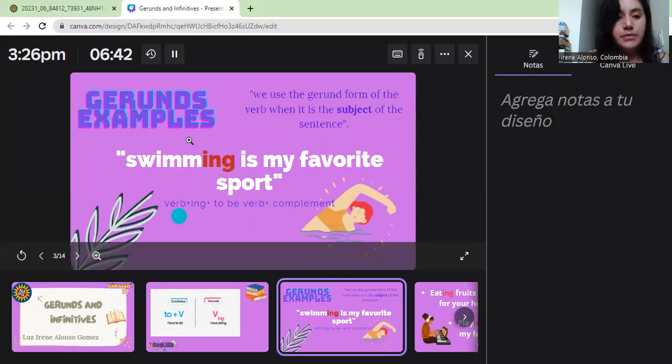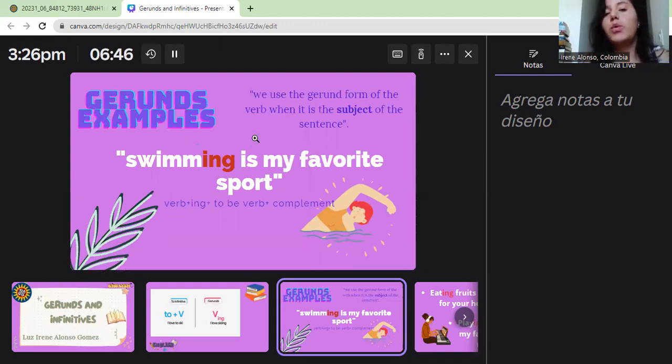We use the gerund form of the verb when it is the subject of the sentence. For example, swimming, in this case, is the subject, and swimming is my favorite sport.